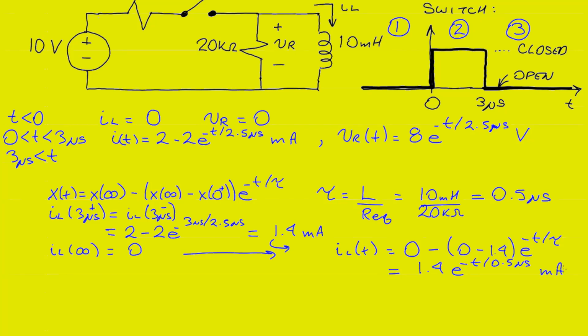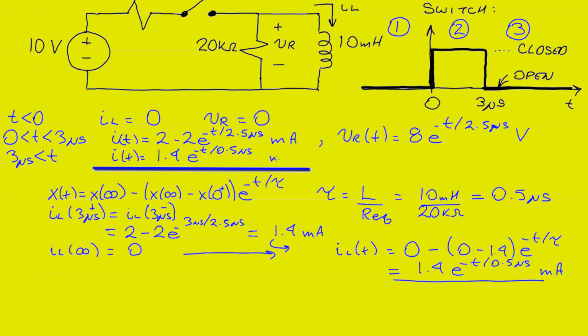The current will simply decay away from 1.4 milliamps to 0. So we can write that current up here, I of t will be equal to 1.4 e to the minus t over 0.5 microseconds, and that's in milliamps.